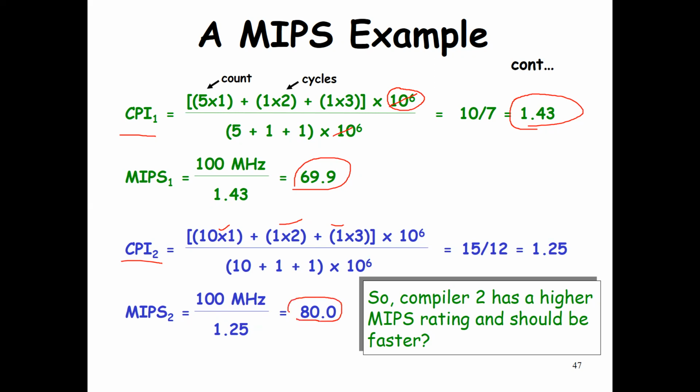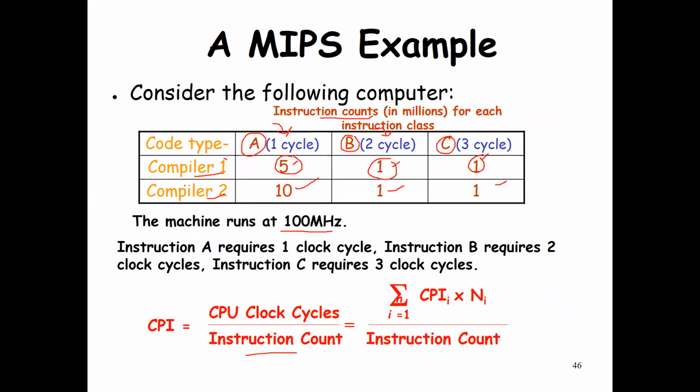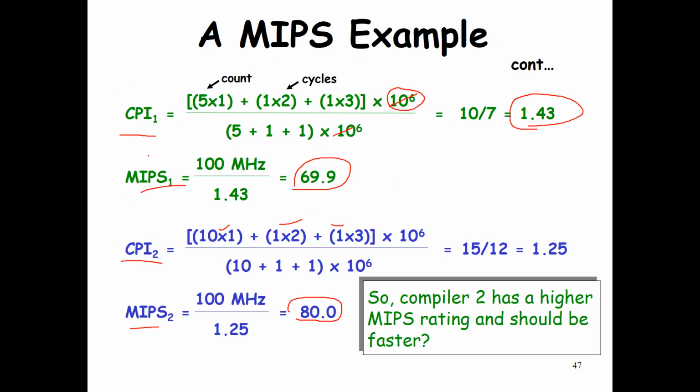So as per this calculation, MIPS 2 has a higher value and MIPS 1 has a lower value, which means that program 2 appears to perform better than program 1.